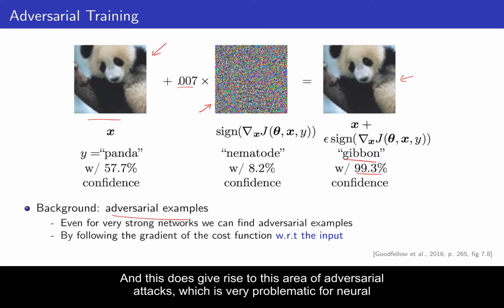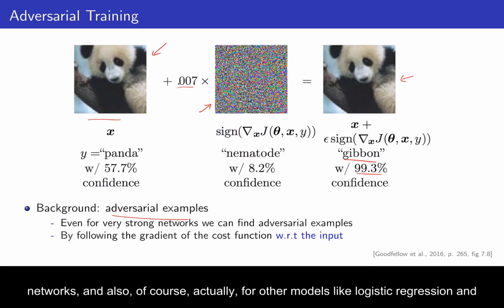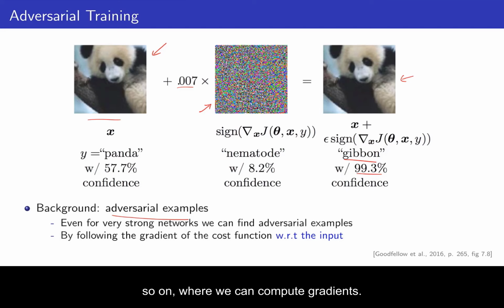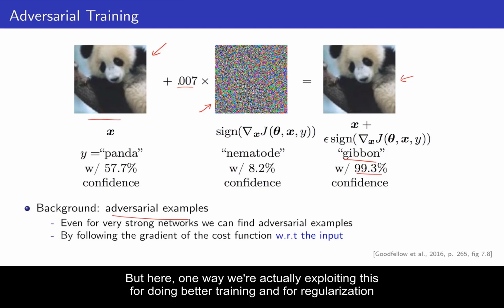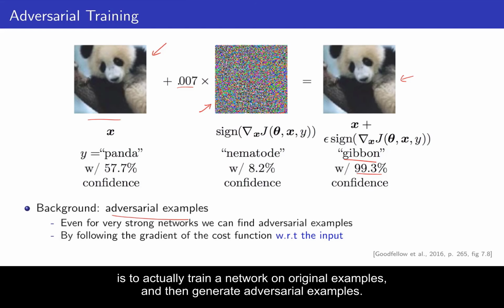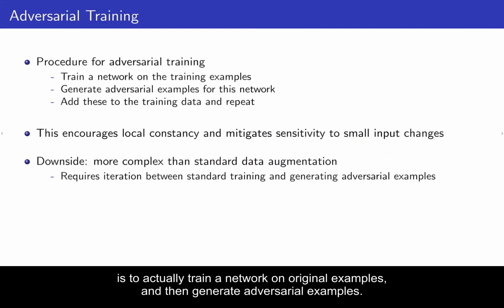This gives rise to the area of adversarial attacks, which is very problematic for neural networks, and also, of course, for other models like logistic regression and so on, where we can compute gradients. But one way we're exploiting this for better training and for regularization is to train a network on original examples and then generate adversarial examples.